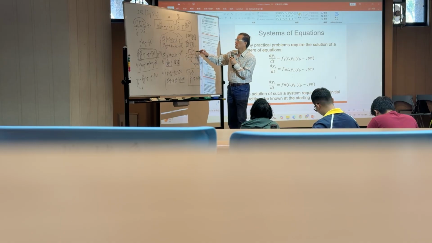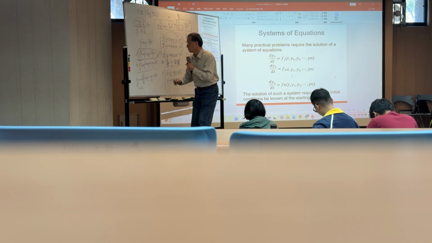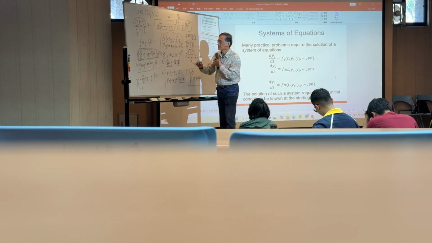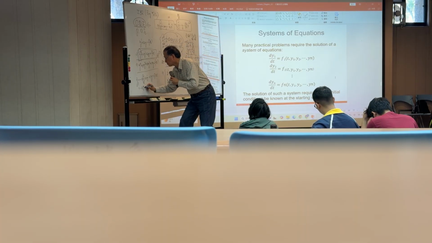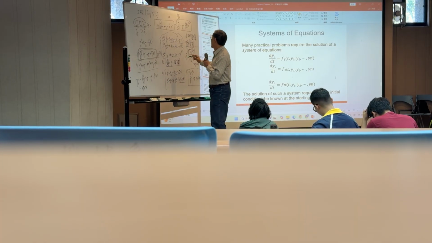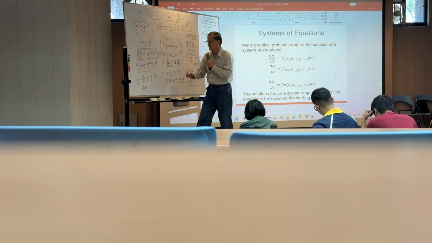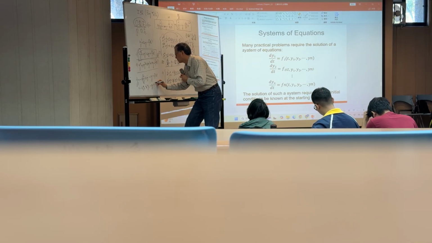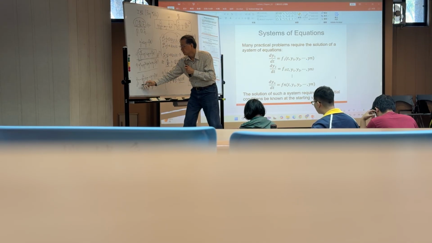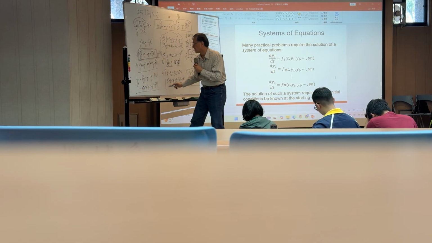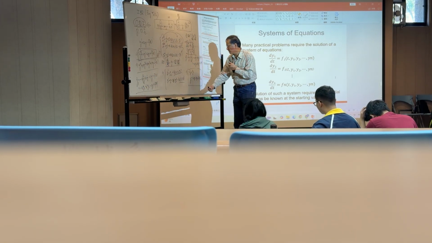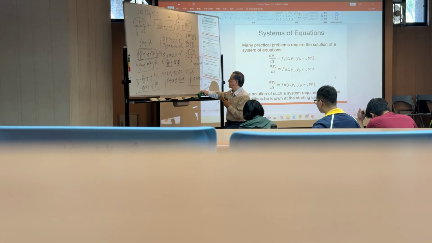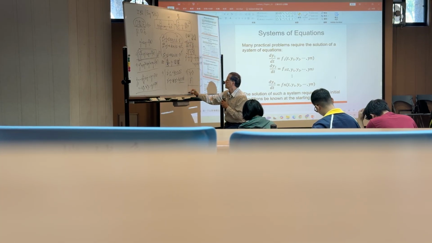Y double dot here is y3, so this is y3. Minus b y dot, here is y2, and this is minus c y1 plus ft. So with this equation, you have another one like this. You can set up another set.